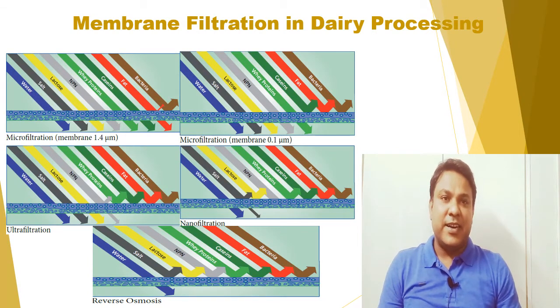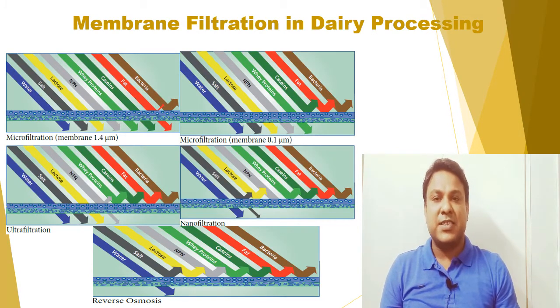So there are ample applications already being used in dairy processing, and it has been estimated that around 40% of the membrane food applications are developed in dairy processing. So as said earlier, membrane technology has revolutionized the dairy sector.